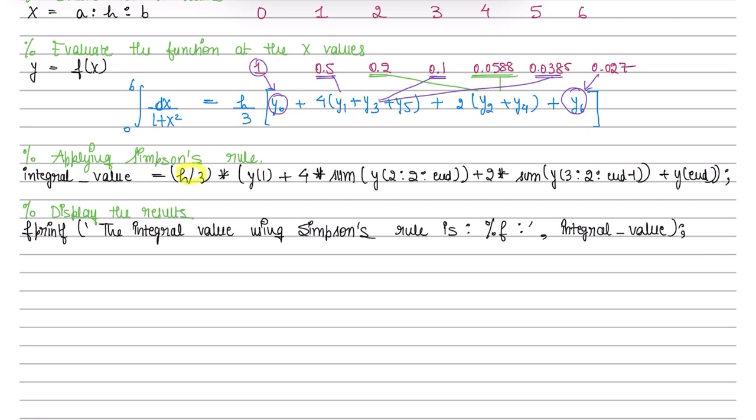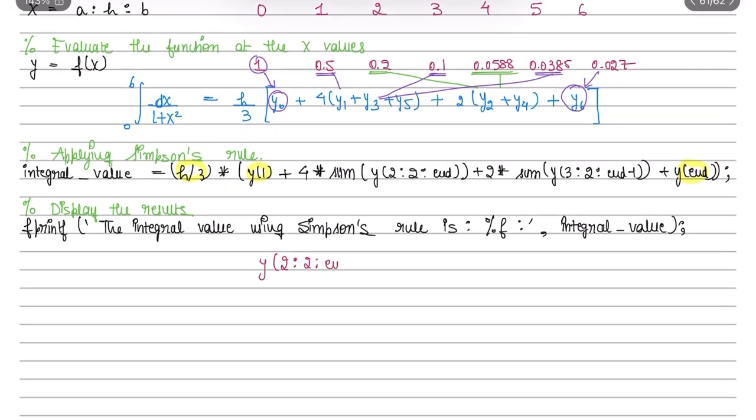Using h by 3 into y1, which will be 1, and y end, which will be 0.027, let us understand this term first, which is y of 2 colon 2 colon end.